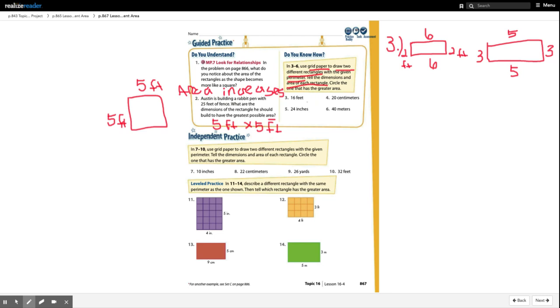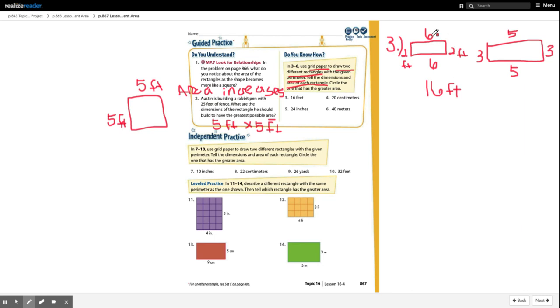Now, we drew our 2 rectangles. Let's now put a perimeter, which is going to be the same underneath. So our perimeter is the same, but our area is going to be different. So now we're going to try to multiply to find our area and see which one of those rectangles has the greater area.